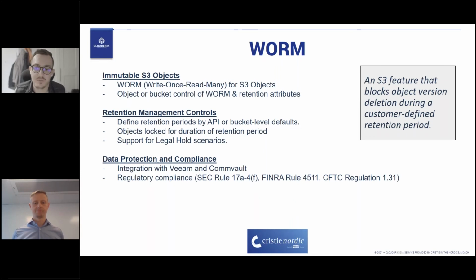When you protect the data with a WORM policy, it basically says that after you have uploaded this object to your bucket, we will apply a policy for it that, for example, this data cannot be changed or deleted for 30 days or a year or 10 years. So it's a really good way to restrict bad employees or ransomware attacks or somebody in general from harming your data. And it's fully API based.